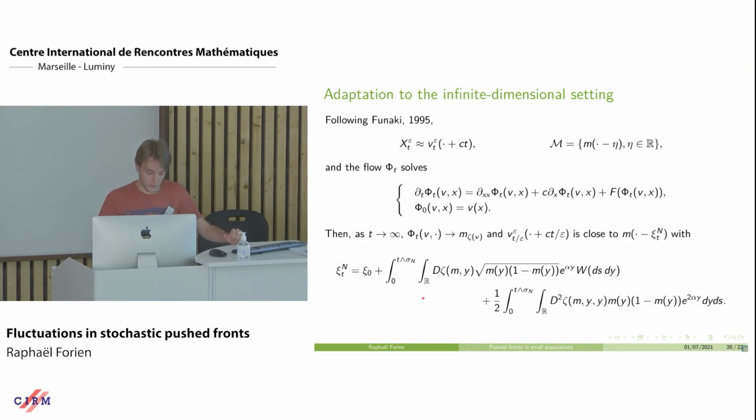And what you end up with is something that looks like this, where xi of t has two terms, because there's a third term that I haven't written that was equal to 0 because of the same cancellation as before. And so we have a martingale term here that is going to be essentially a Brownian motion, and we're going to compute its variance easily, and the Ito correction term is going to give you the drift.